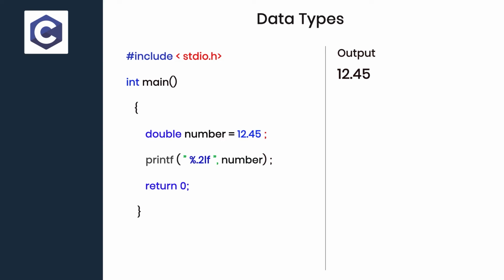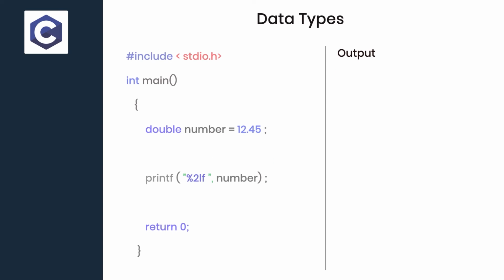And we can also use the float data type in the same way. So I'll write float number1 equals 10.9f. And I'll print this. printf, bracket, inside quotation %f, comma, number1.